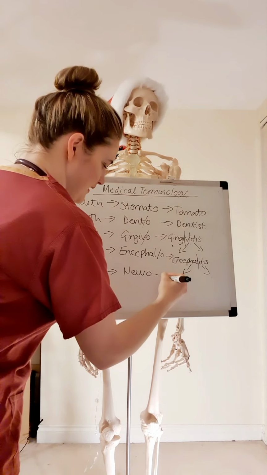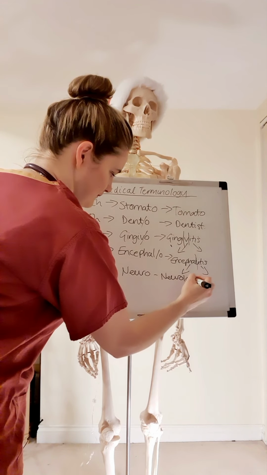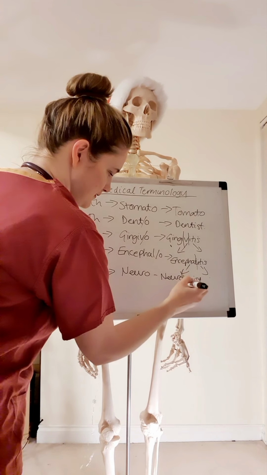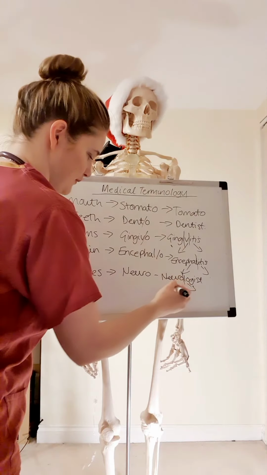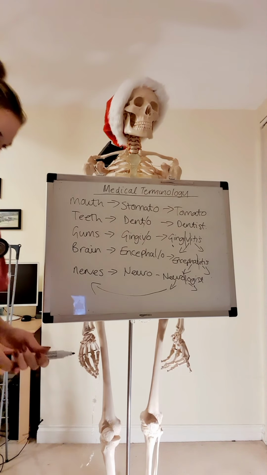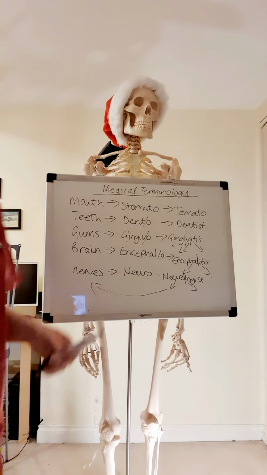So for example, a neurologist. So ologist we know is a specialist doctor, and neuro we know now is nerves. Nerves or nervous system. So that will be a doctor that specialises in the nervous system.